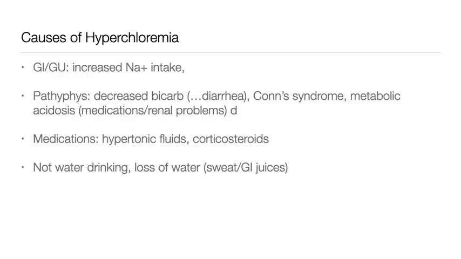So, causes of hyperchloremia: we could see it with increased sodium intake, so with hypernatremia we could see hyperchloremia as well. We might see it with a decrease in our bicarb levels with diarrhea or vomiting. We might see it in Conn syndrome, metabolic acidosis.